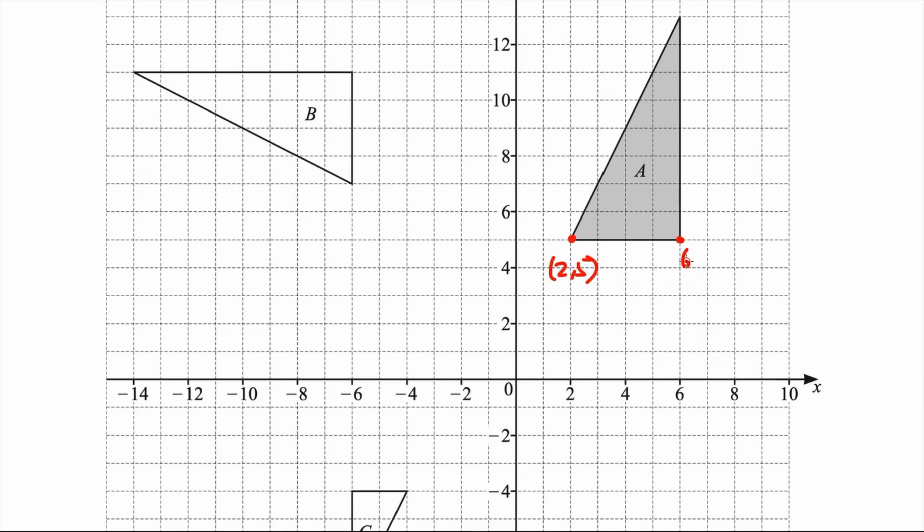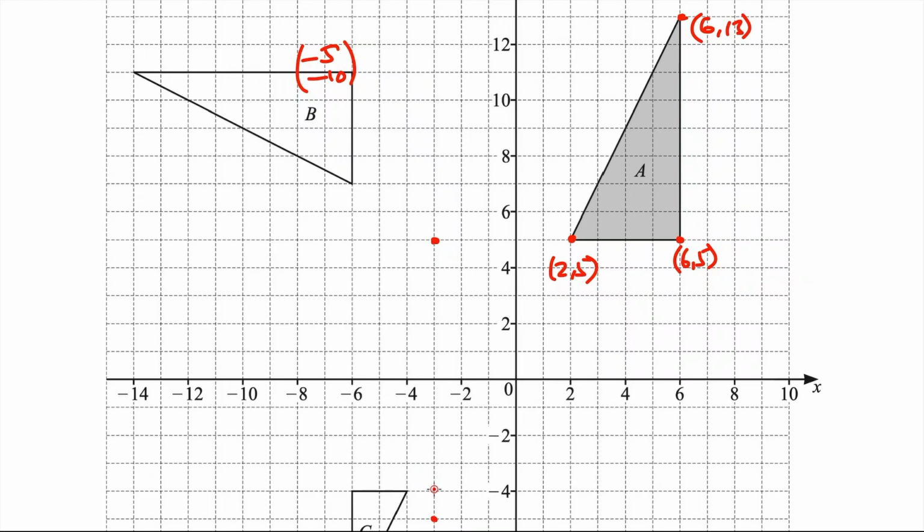This point is 6, 5, and this point is 6, 13, and here they are asking us to translate by minus 5, minus 10. So just subtract 5 and 10 from the x coordinate and y coordinate. What will 2 comma 5 become? 2 minus 5, which is minus 3, and 5 minus 10, which is minus 5.